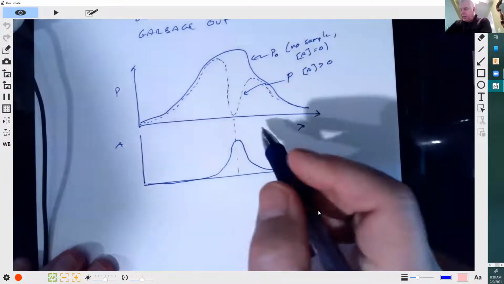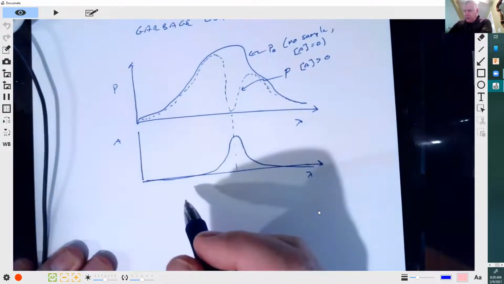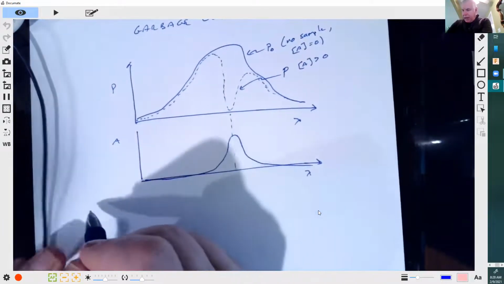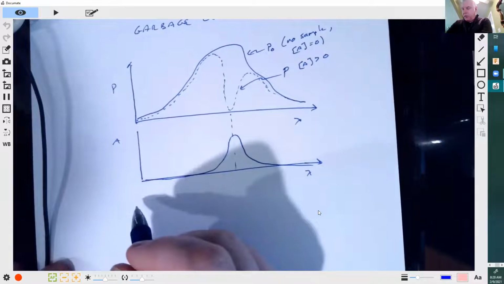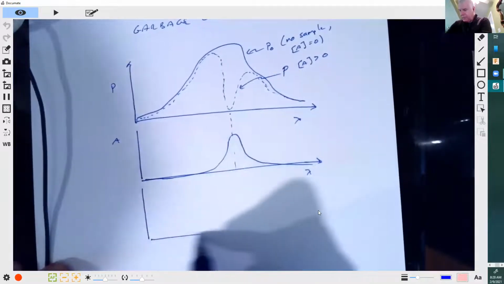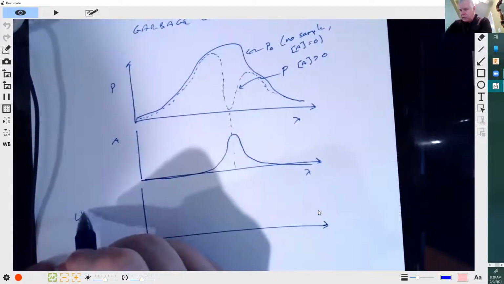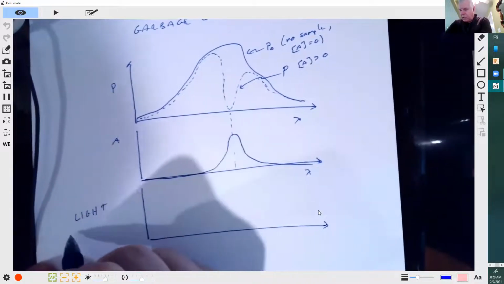And so the main point here is that, let's say the light source is weak. Let's draw another copy of this where the light source is weak.